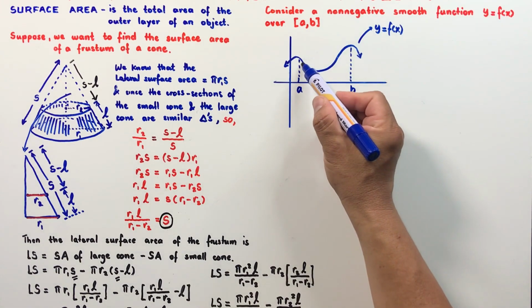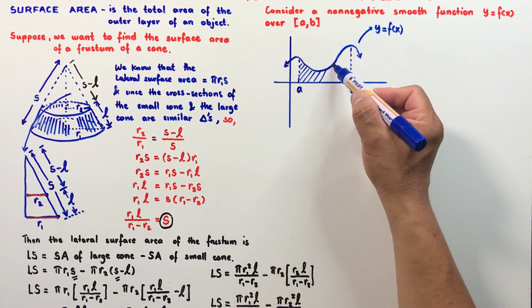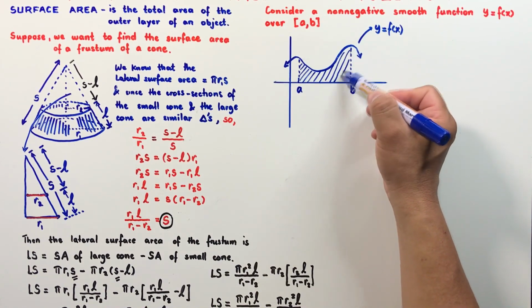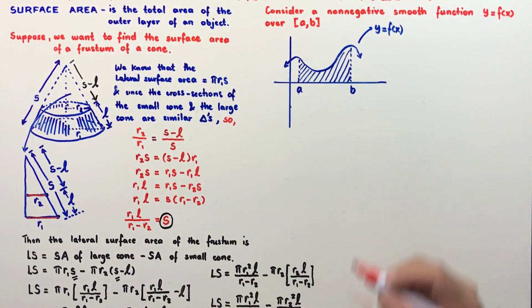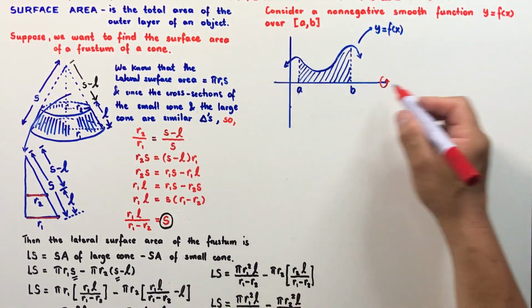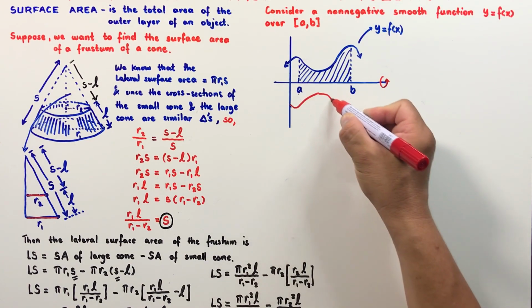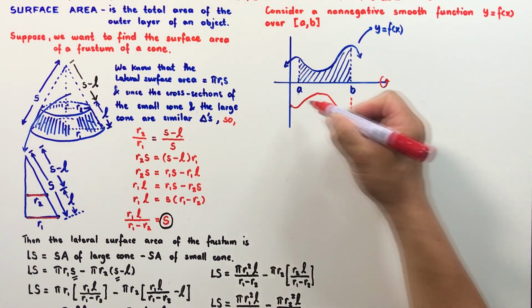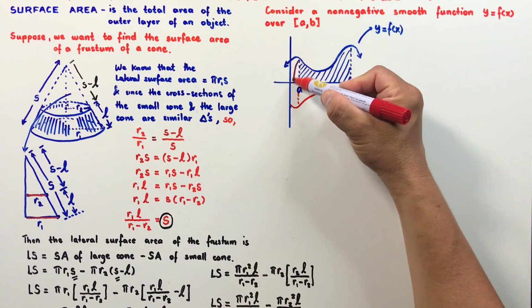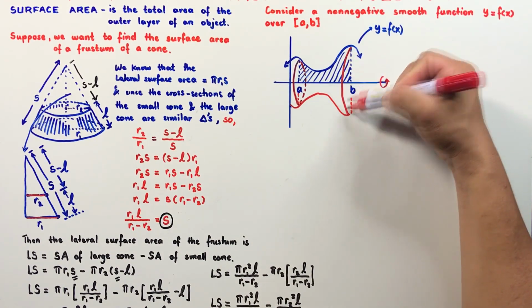So with this, there is an area enclosed by this function over a given interval. And suppose we want to rotate this area about the x-axis, you form a solid here like this. So suppose this is our solid that is formed by rotating this area about the x-axis.